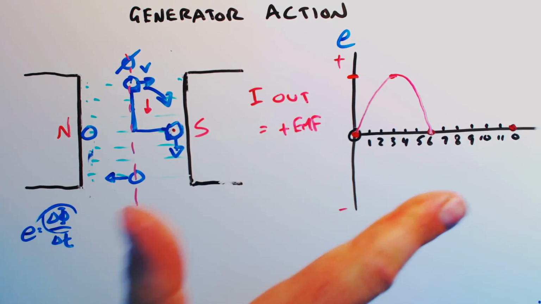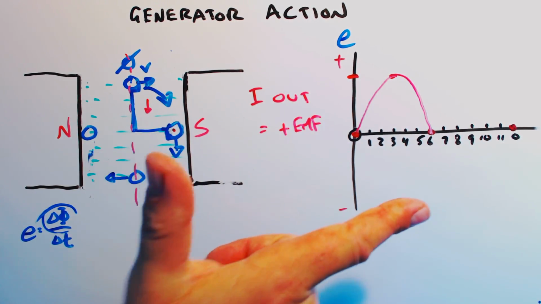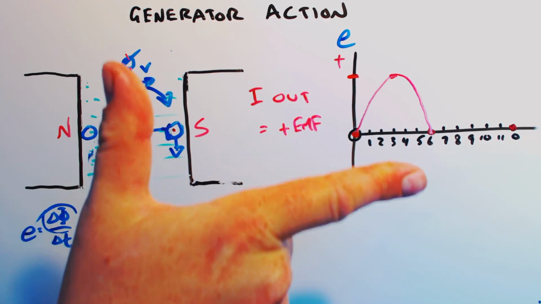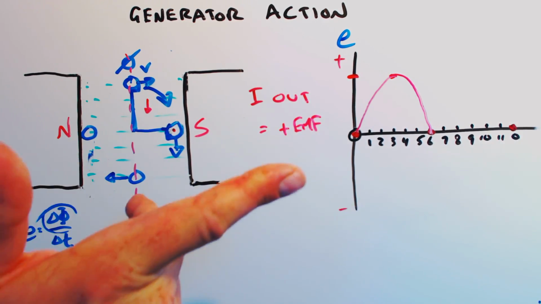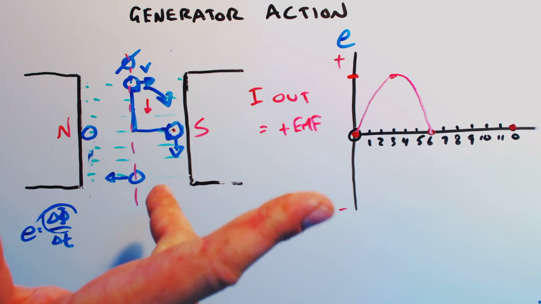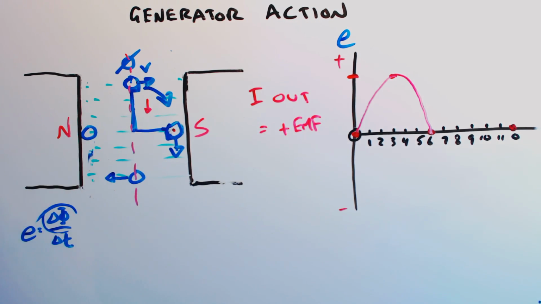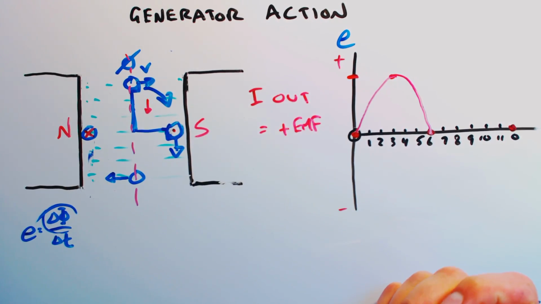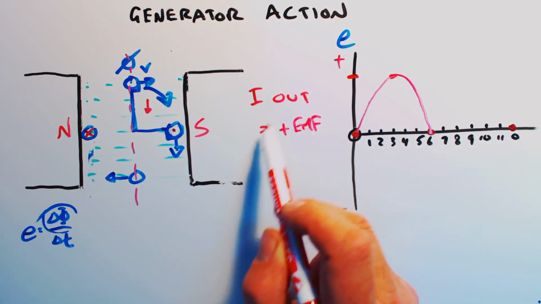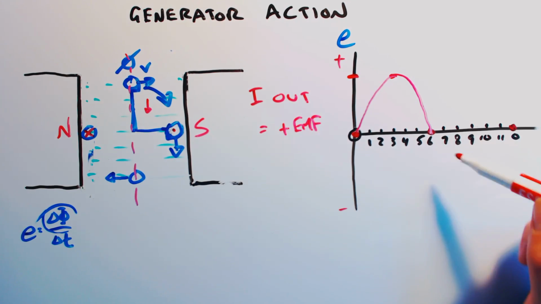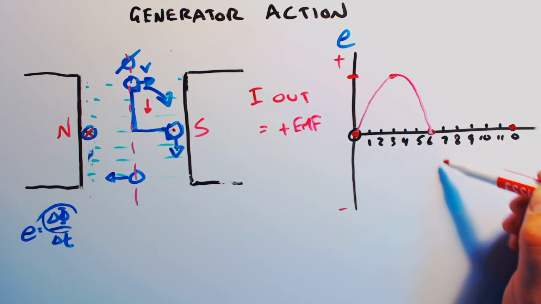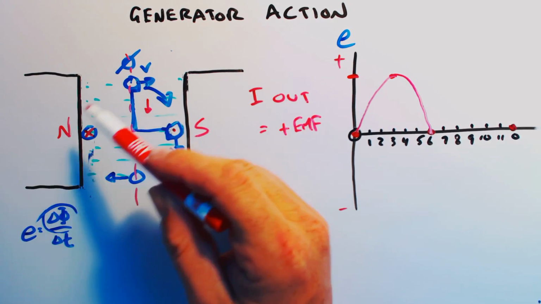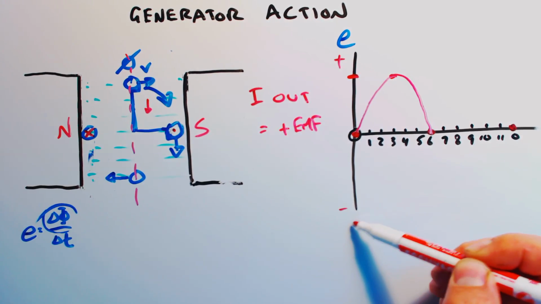So pointer finger, now our thumb points in the conductor's relative motion, which means that our middle finger is now telling us that current from position 6 up through 12, the current is going to travel into the board. So since we define current out of the board as positive EMF, we're going to have to therefore draw the rest of the circuit below the line because current traveling into the board is a negative EMF.